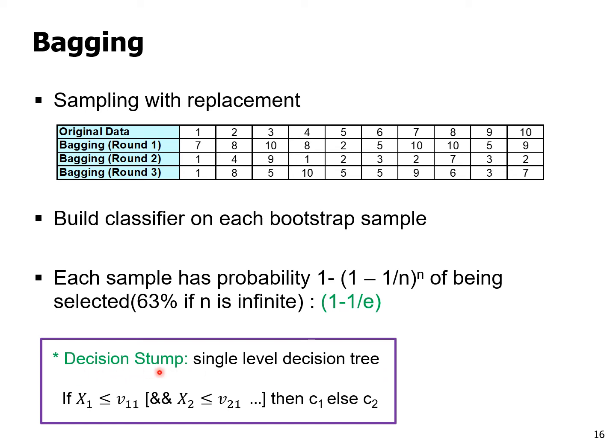It goes like this: if a certain attribute x1 is less than a certain value v11, then its class value is C1, otherwise C2. That's the decision stump. You're going to use this along with these samples and see how the bagging method works using these examples.